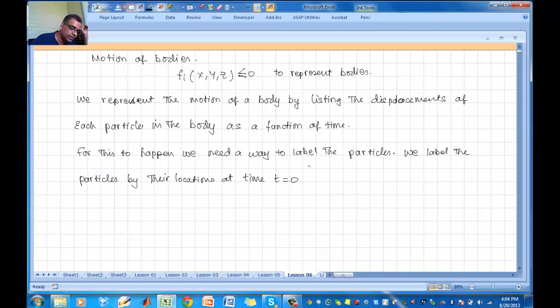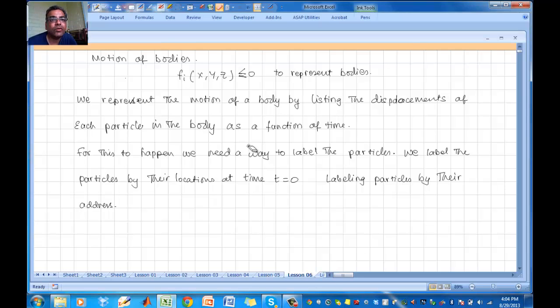To give you an idea, this is like labeling particles by their address. If you are sitting in a classroom, instead of calling you by name, I just say the person sitting in the 3rd row 4th bench.